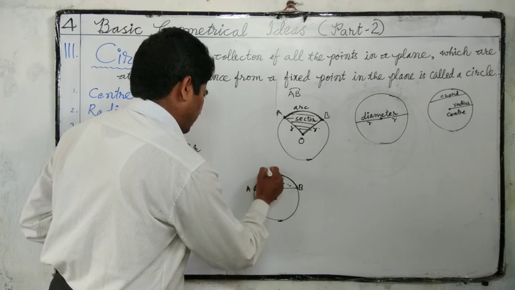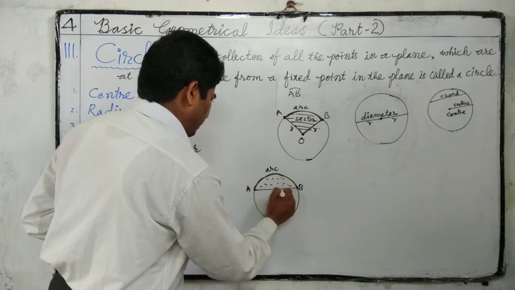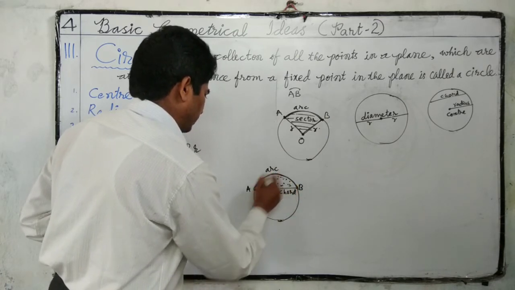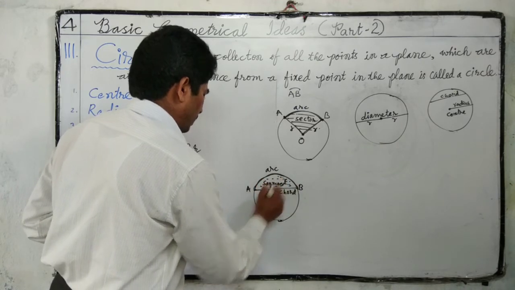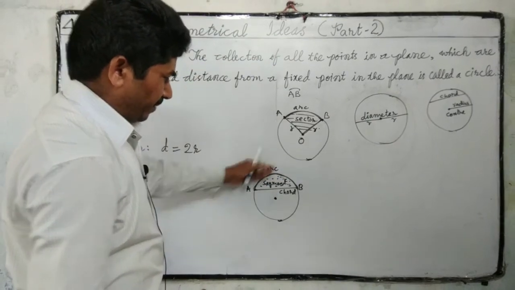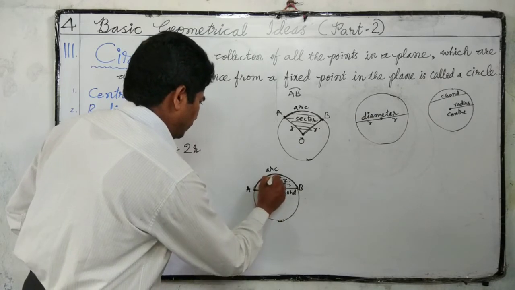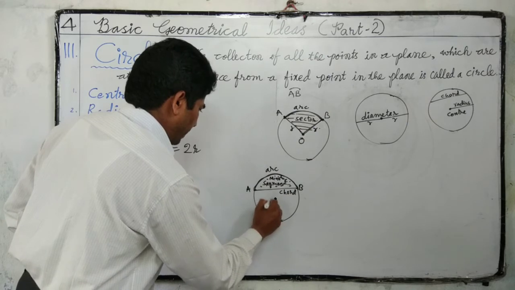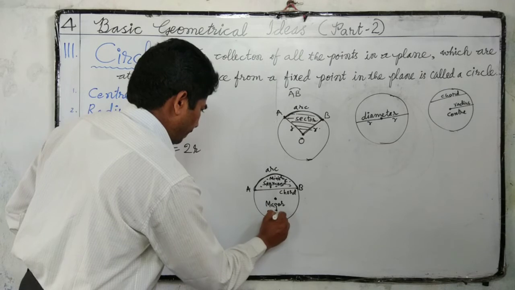This is chord AB. This portion is called segment. This is smaller one, minor segment. This bigger one, major segment.